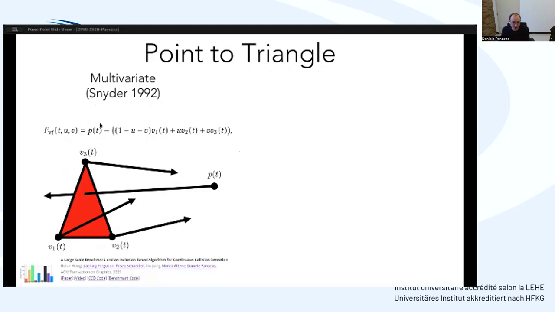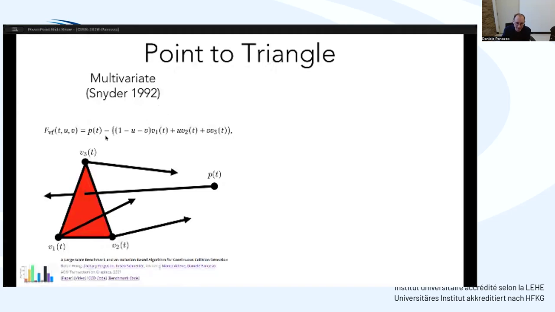It introduced a method that casts this problem as finding roots of a system of polynomial equations, where t parameterizes these linear trajectories, and u and v are the barycentric coordinates of a point in a triangle. And the question is: is there any case where the point is inside the triangle? He was doing this using a subdivision technique, which is guaranteed to work.